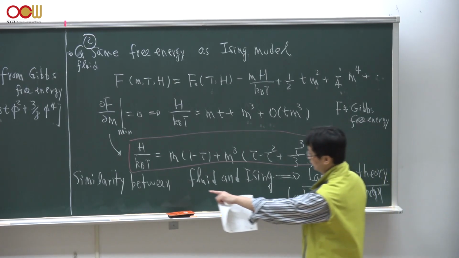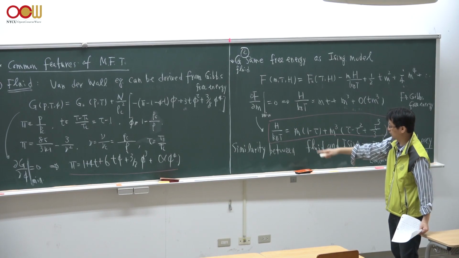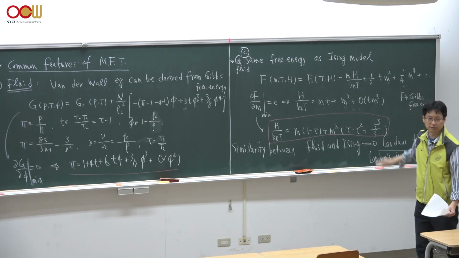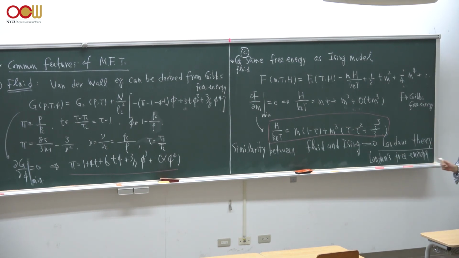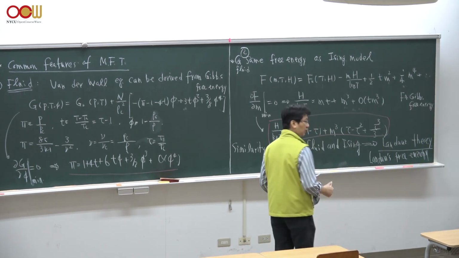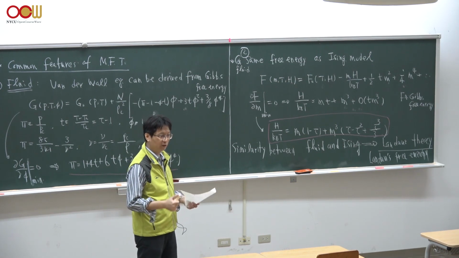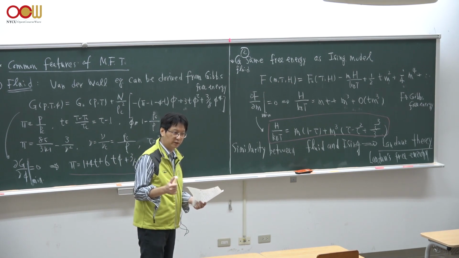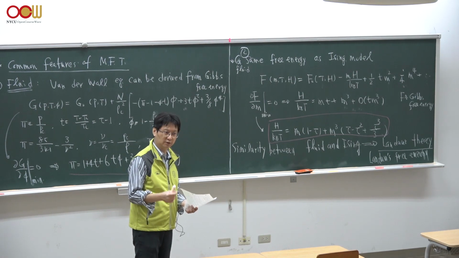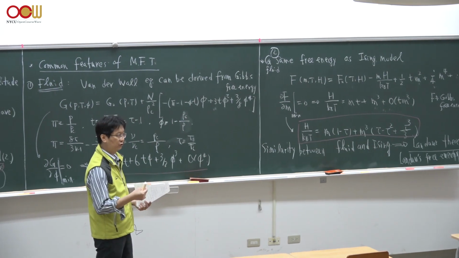So you can actually show that in the case of the fluid, you get the same exponents as the Ising magnet. So that's the starting point of Landau's theory, which is based on a free energy functional as a power expansion of the order parameter. The order parameters are very small near the transition, and therefore they can be expanded in a power series in the free energy functional.